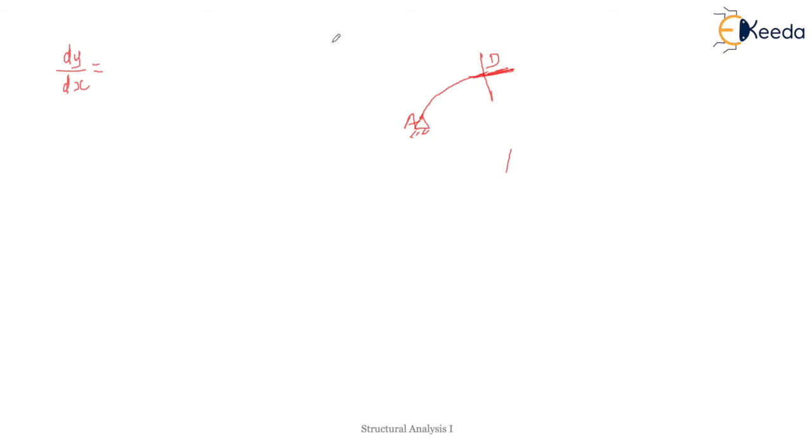We know our formula was y equals 4h1x (l dash minus x) by l dash square. So this is the equation of a parabola.